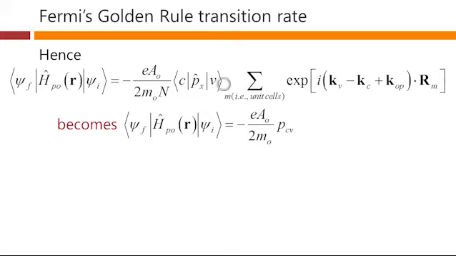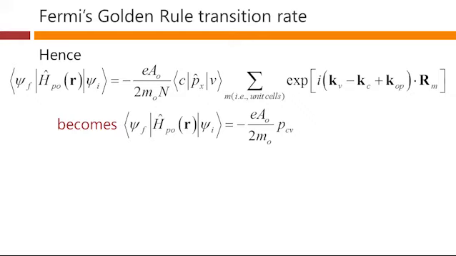We're left with the PCV here, and this is our final expression for the matrix element between initial and final states, provided that these three wave vectors add up to 0, and that looks like momentum conservation. Otherwise, this matrix element is 0.